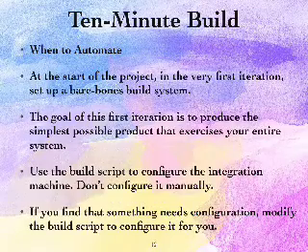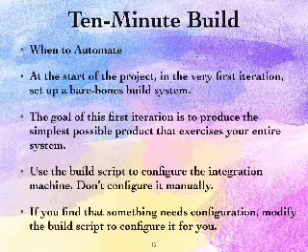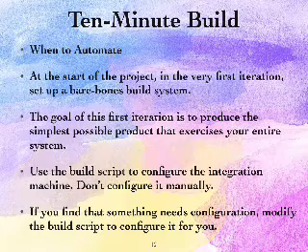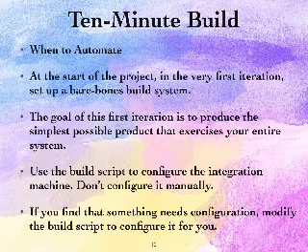When should we plan on automating the building process? It should be noted that it is most difficult to come up with a build at the start of the project. So at the start of the project itself, you should be able to automate. In its very first iteration, set up the bare bones of the build system. It is from that point onwards that automation is very, very essential.